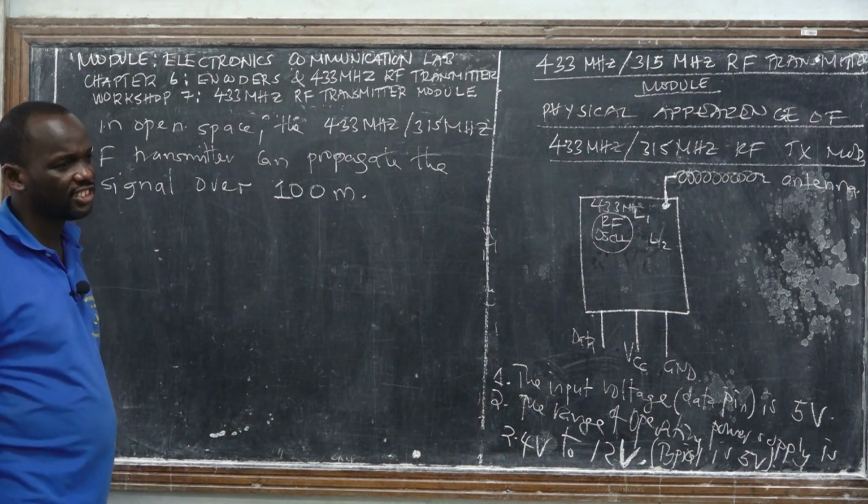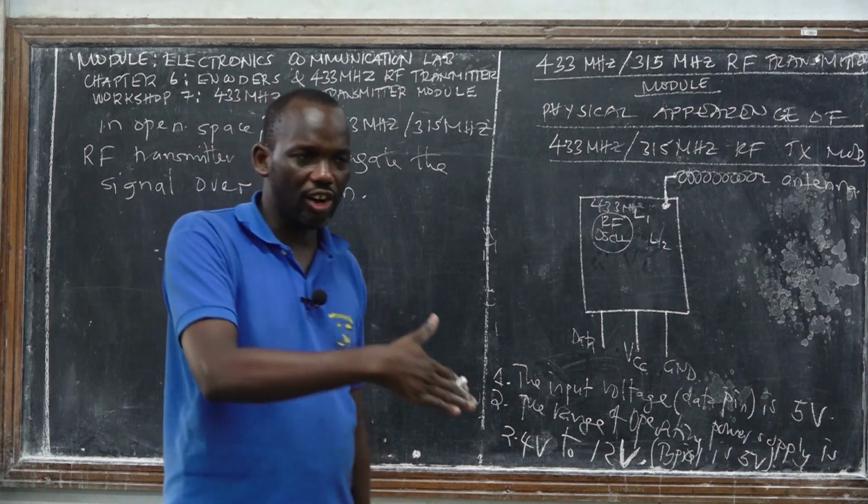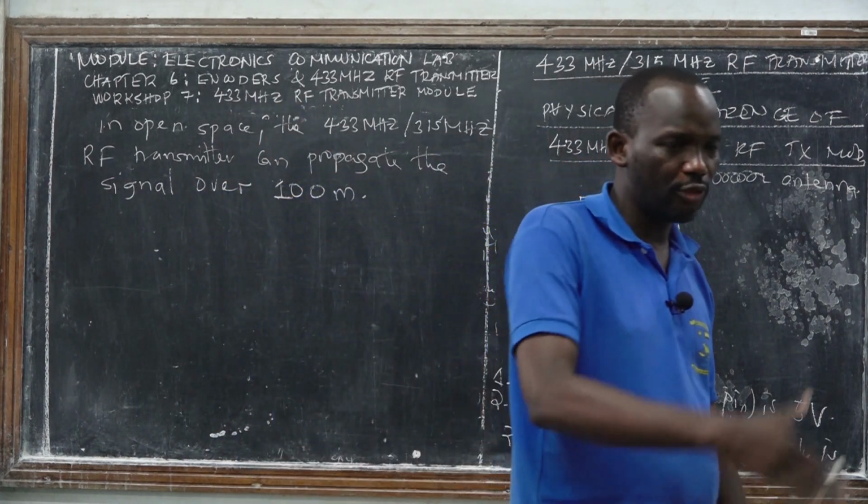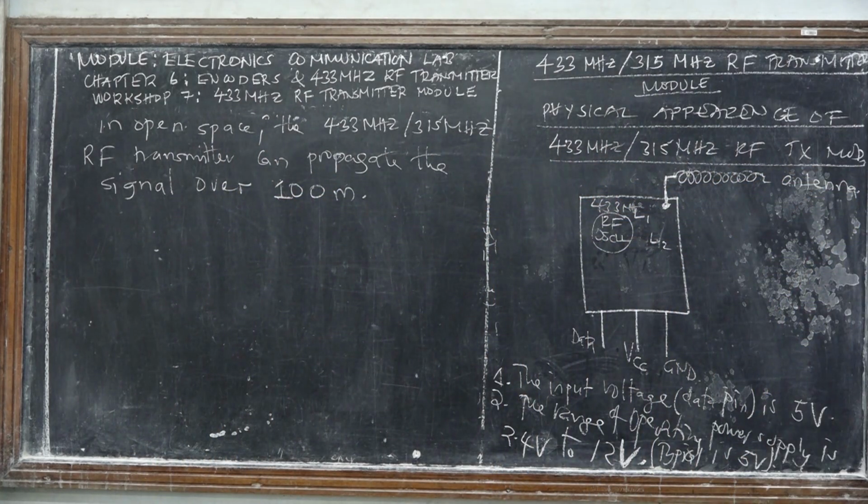So it can propagate the signal from one side of a football pitch to the other side, but in open space. But when there are a number of obstacles, the distance covered might be less than 50 meters.